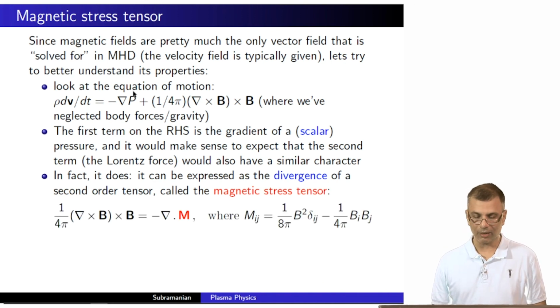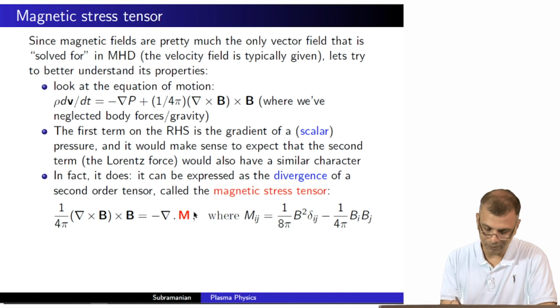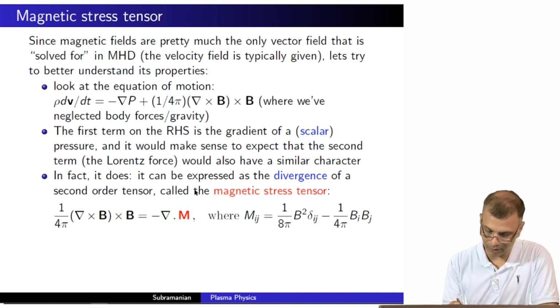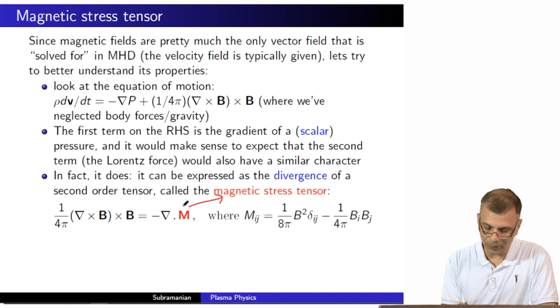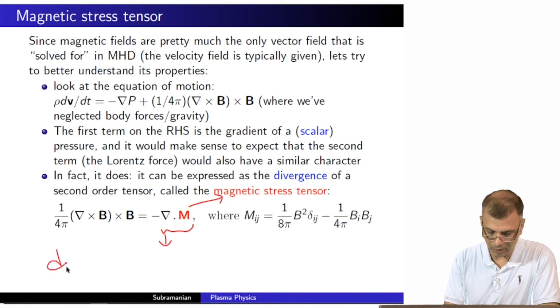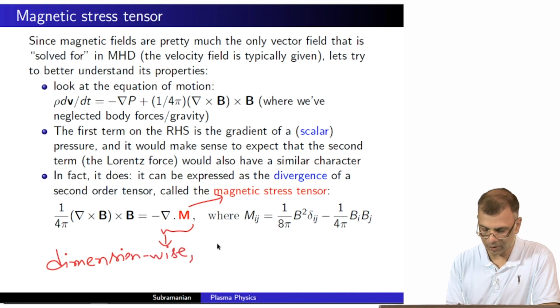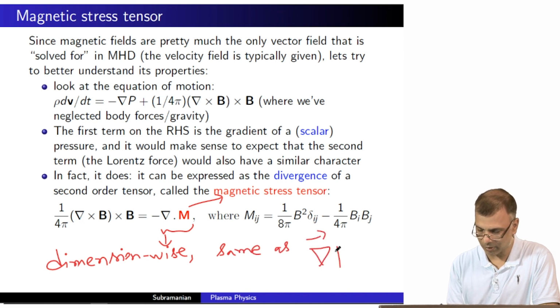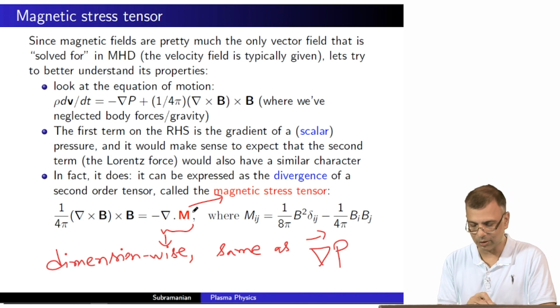So the magnetic stress tensor, which is M, this thing in red, can be expressed as a divergence, and dimension wise, it's the same as the gradient of a scalar pressure. That's what this is. Okay.